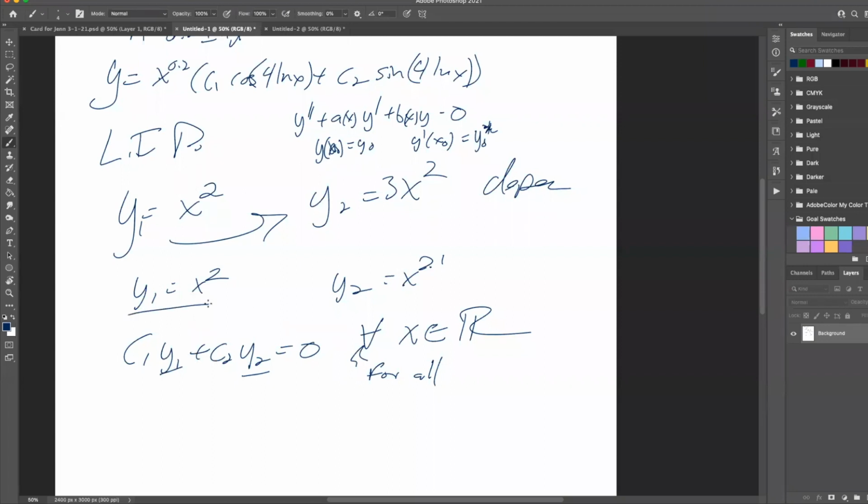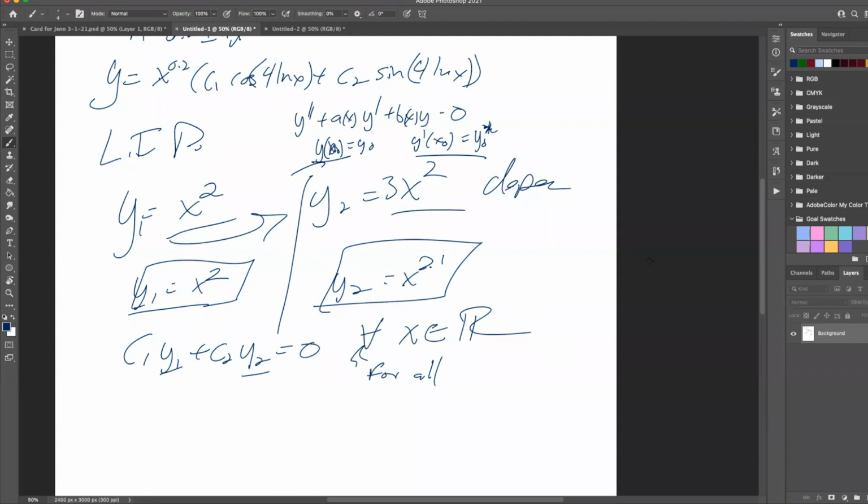If these are linearly independent, then the whole point is that no matter what initial conditions I give you, you can solve for it. If they're linearly dependent, there would be a lot of initial conditions which would not have solutions.